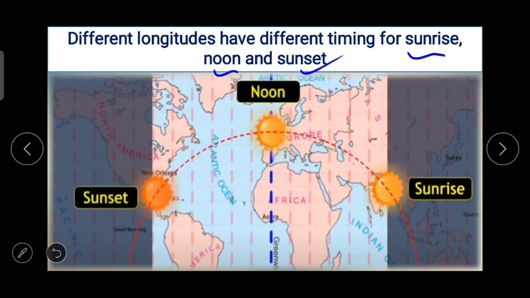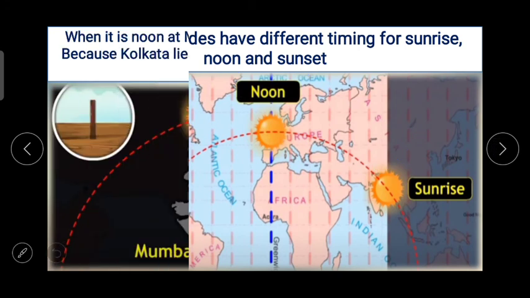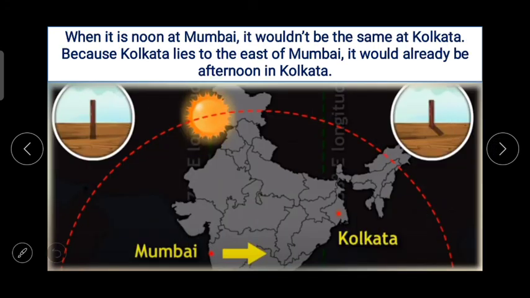For example, when it is noon at Mumbai, it wouldn't be the same at Kolkata. अगर मुंबई में दोपहर है तो कोलकाता में दोपहर ही होगी, ऐसा नहीं है, बिकॉज कोलकाता लाइज टू द ईस्ट ऑफ मुंबई एंड इट वुड ऑलरेडी बी आफ्टरनून इन कोलकाता. मुंबई से पहले वहाँ पर आफ्टरनून है. फॉर एग्जाम्पल हियर सनसेट, सनराइज, बिकॉज ऑफ द डिफरेंस इन लॉन्गिट्यूड. हियर ऑल्सो यू कैन सी मुंबई एंड कोलकाता डिफरेंस.